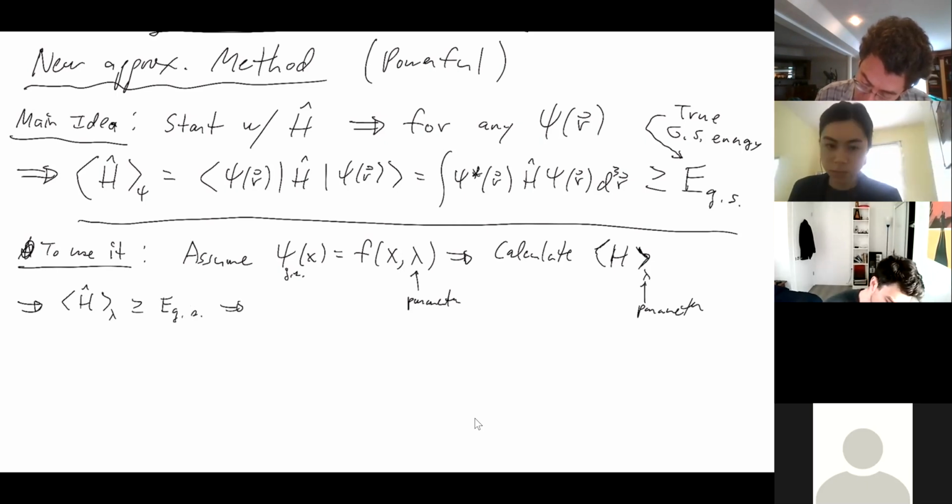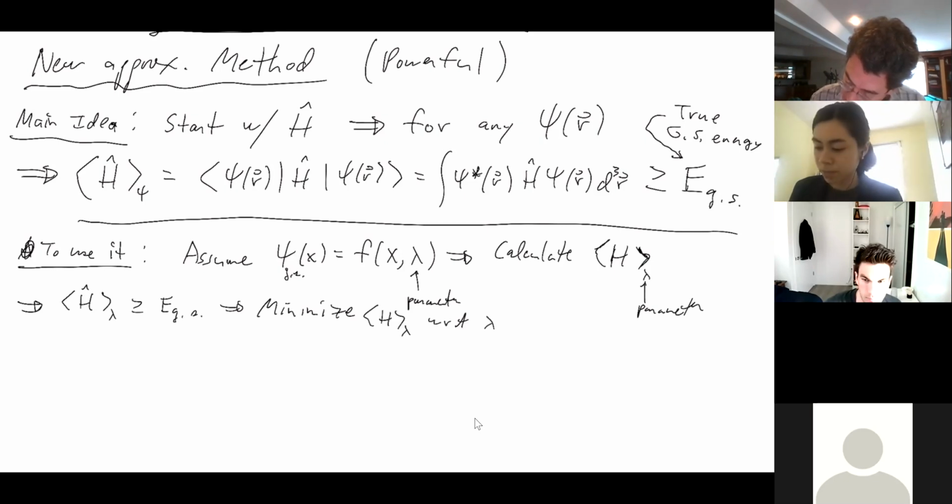So what you do then is you minimize this with respect to lambda.